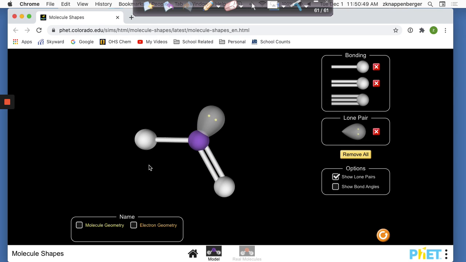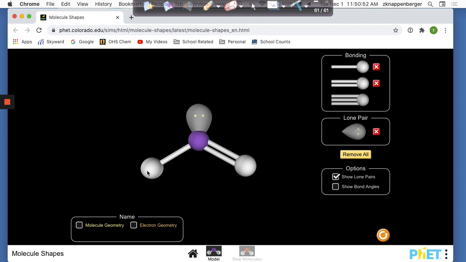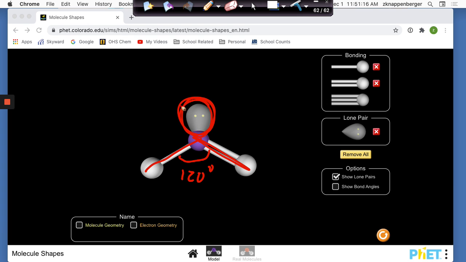So here we can see our domain geometry is trigonal planar. You guys remember, this is a cloud of electron probability. It's not a thing. As a result, we actually only have 1, 2 points that define this angle. And remember, this angle started as 120 degrees, but now we've got this big, fat, unbonded pair of electrons pushing on these bonding domains.